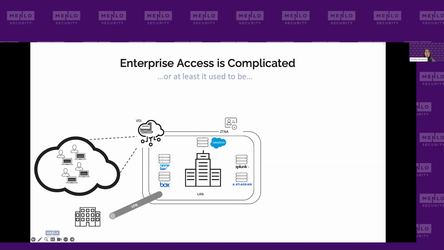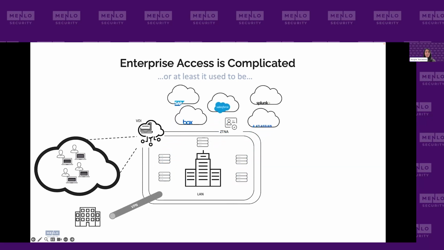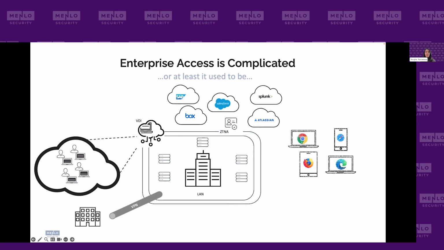And then, a story we're all very familiar with, digital transformation: everything moved to the cloud, and applications became browser-based. I know, speaking for myself, the majority of applications that I access, I do so through the browser. So in the modern enterprise, if users don't need a corporate device and they don't need to be on your network, it really begs the question: if modern access does not require network access, why are legacy solutions still binding them together?